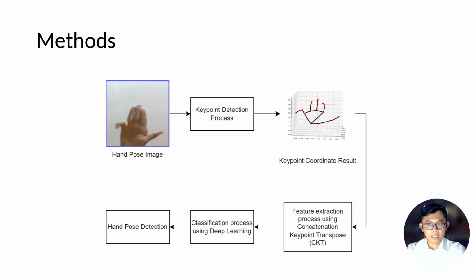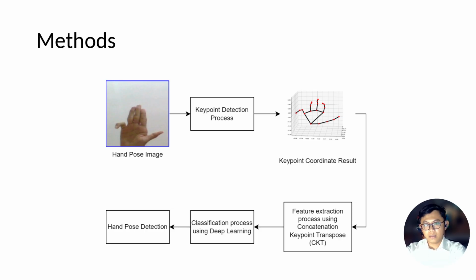So this is our research flow diagram. We can see here we have the hand pose image, and then we use the key point detection process. The key point detection process will produce new data that contain key points that map each point of our hands into coordinates x, y, and z.